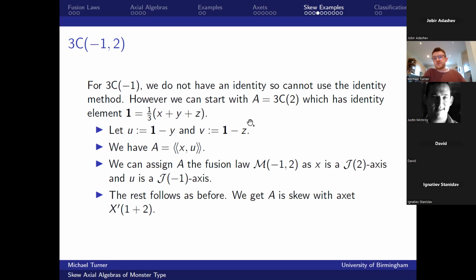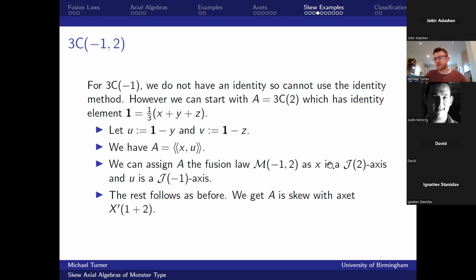Well, what we can do is twist the other elements by the identity. So instead of x, we twist y and z about. And this is also going to be a two-generated axial algebra generated by x and u this time. We can assign the algebra the fusion law monster -1, 2 now, as x is going to have fusion law Jordan 2.